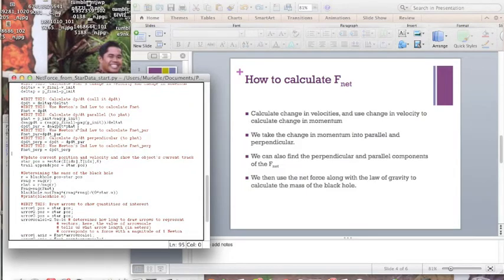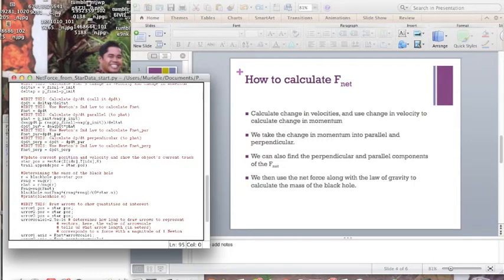From there, we are able to find the dp dt parallel and dp dt perpendicular. We do this by dividing the initial momentum by the magnitude of the initial momentum. We are then able to get the p hat that we need to find our parallel component.